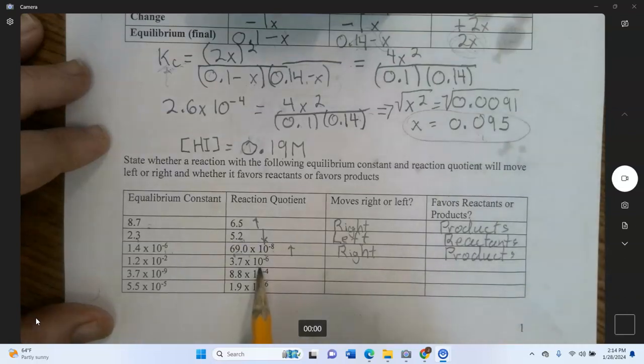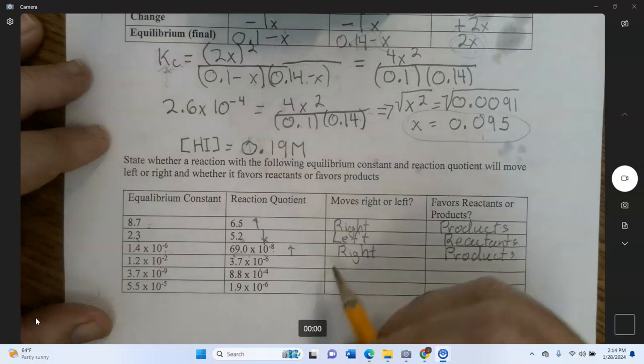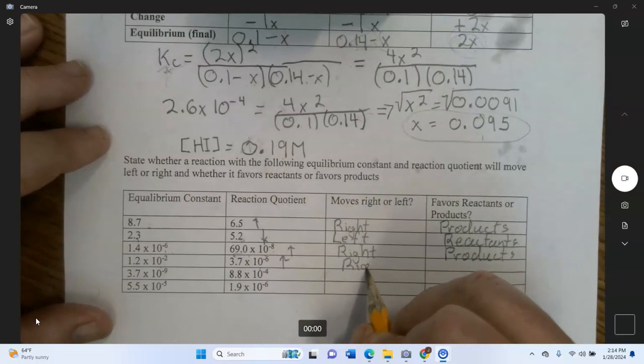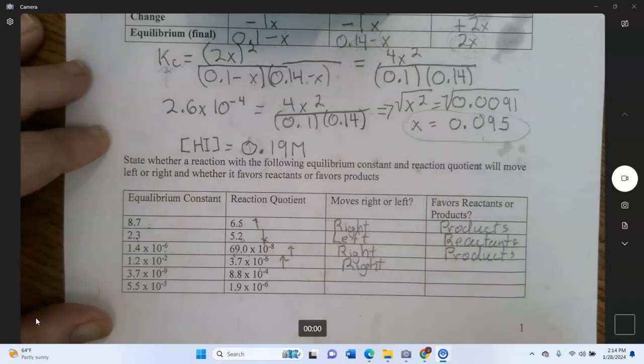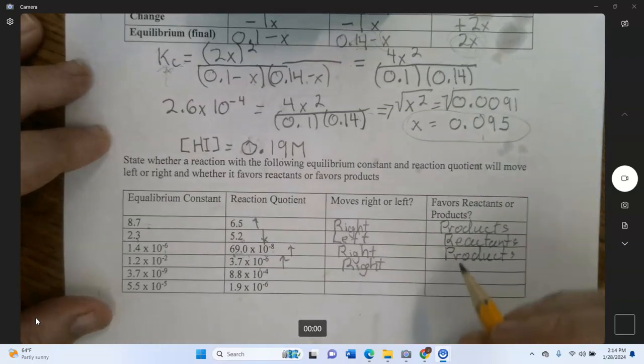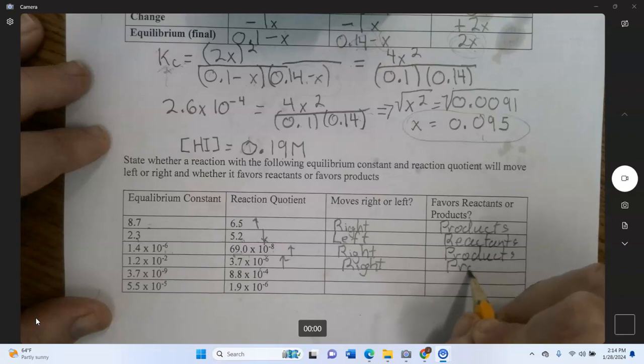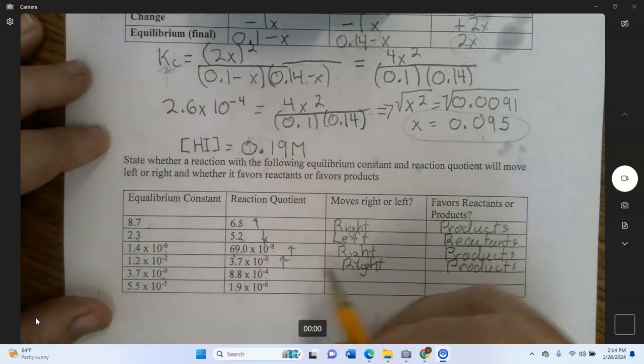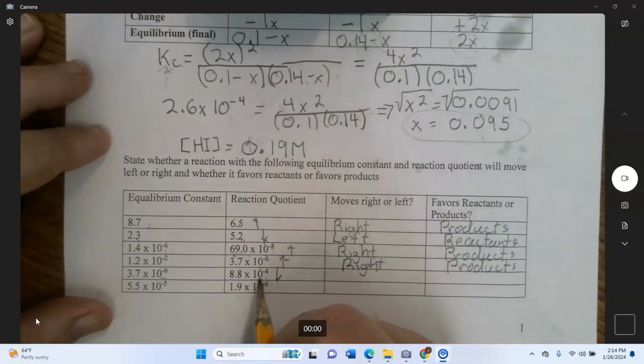Okay, this is smaller than this. So again, it's going to move up, move to the right. Again, the reaction quotient wants to move towards the equilibrium constant. Okay, this one is bigger than this, so it's going to move down. This number is going to get smaller.